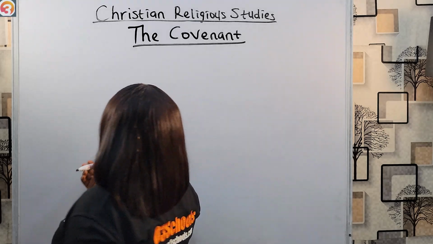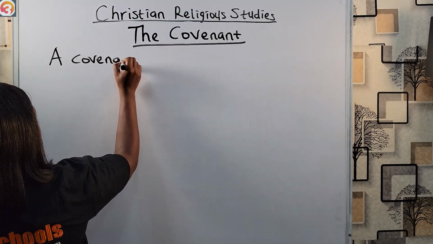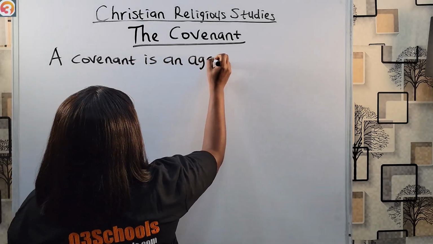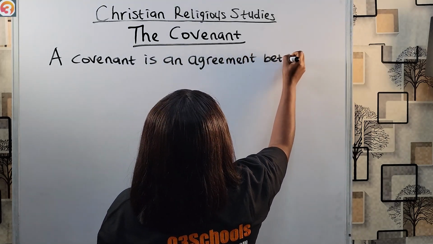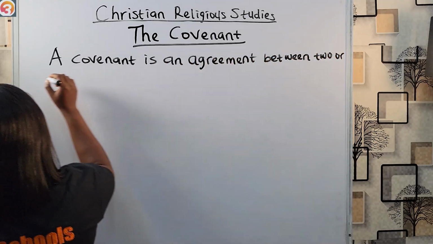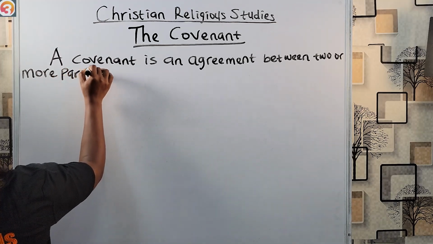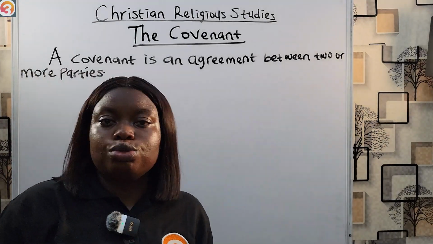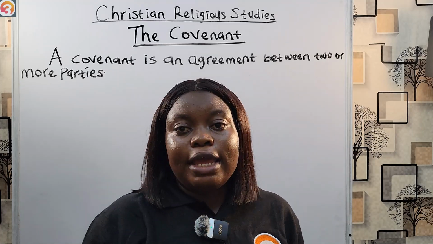A covenant is simply an agreement between parties, or let's say two or more parties, where each party holds up their end of the bargain.